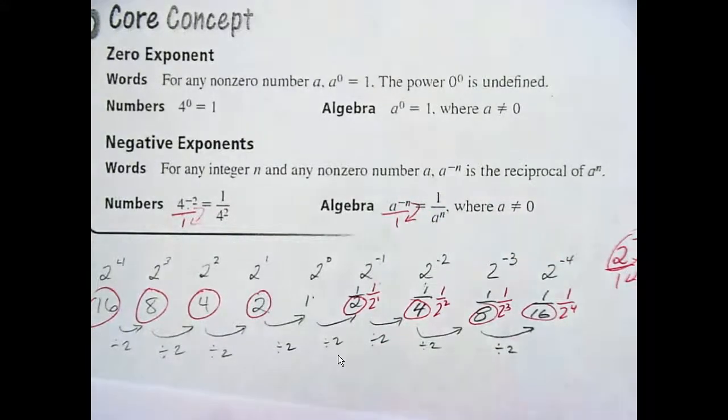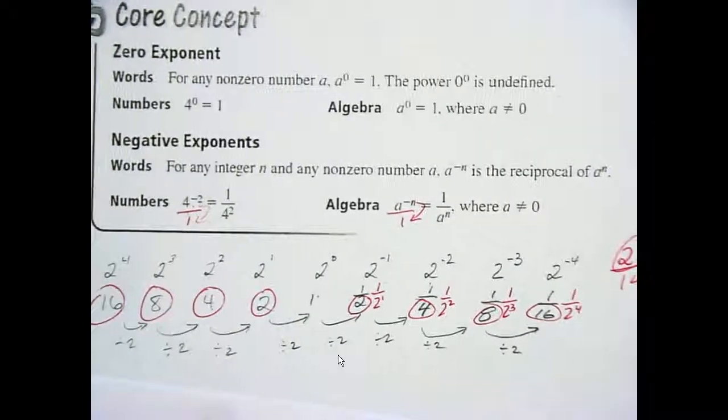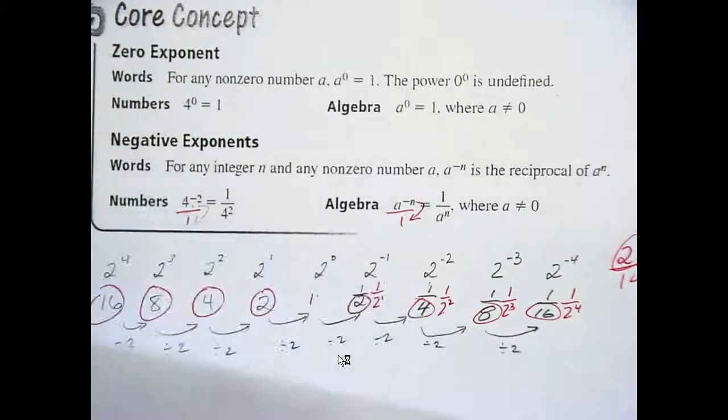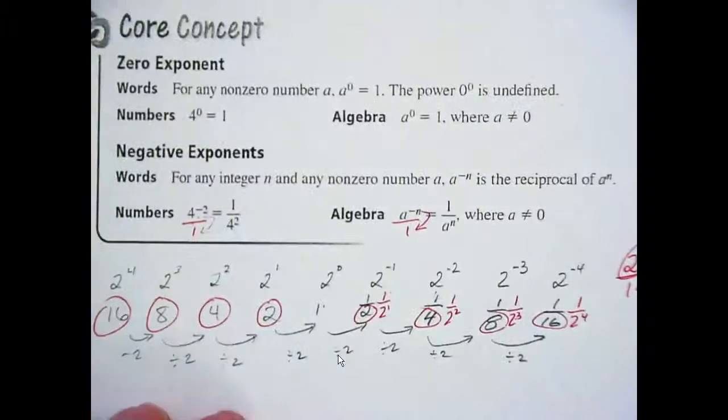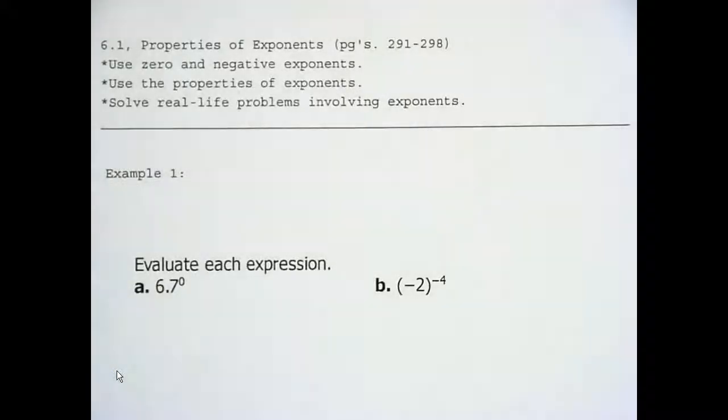Now, if it's already on the bottom, you move it up, and we'll talk about that here in a minute. Okay? Questions there? All right. Very good. Why don't you try A and B there on your own? Do it in your note page that you grabbed on the way in. So, no calculator needed.